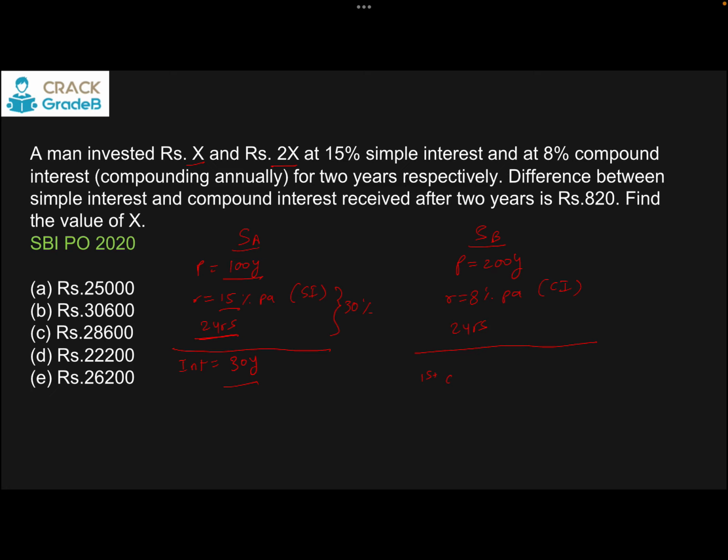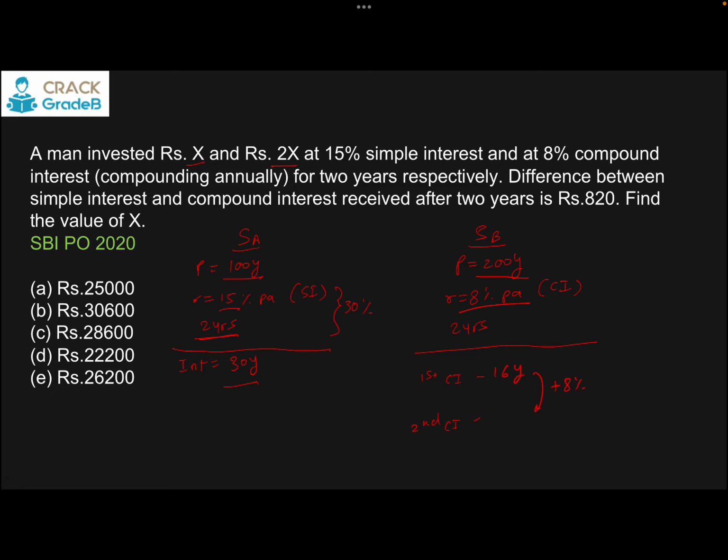In this case, we have to go year by year. First year compound interest and then second year compound interest. First year compound interest is going to be 8% of the principal, that is 8% of 200, means 16y. In case of second year, we have to increase it with 8% because compound interest increases by r% every year.